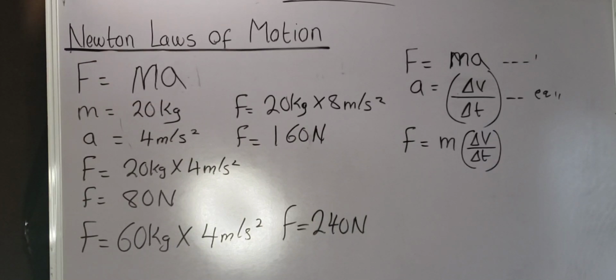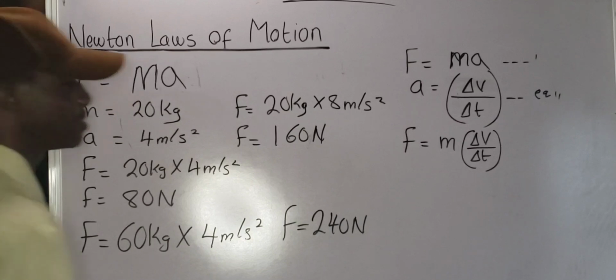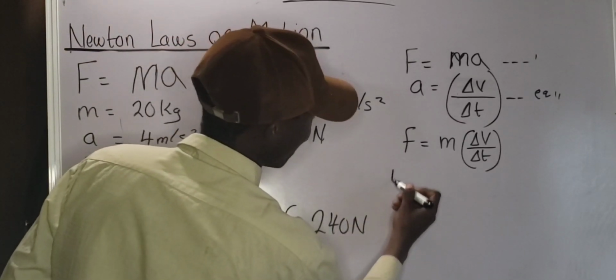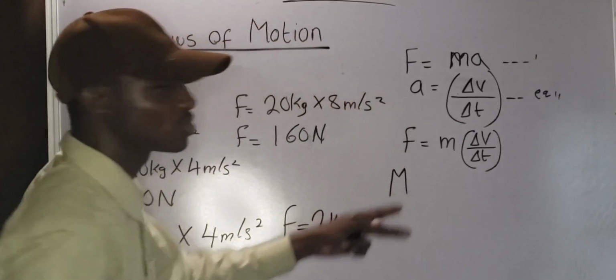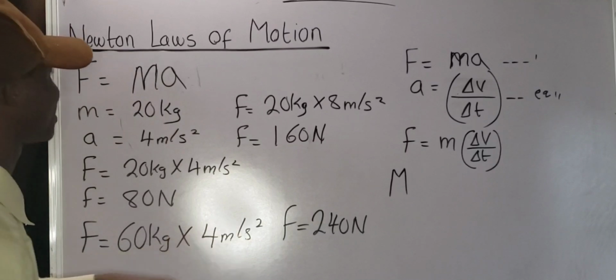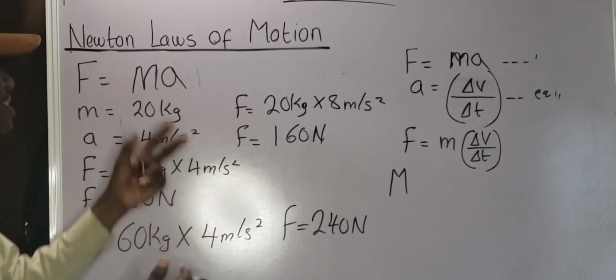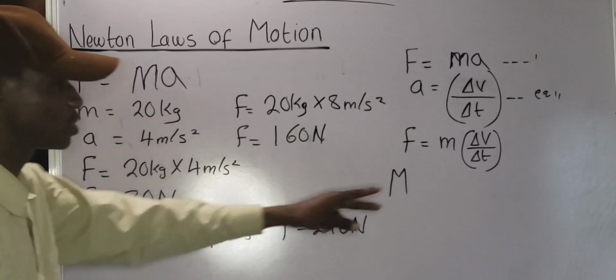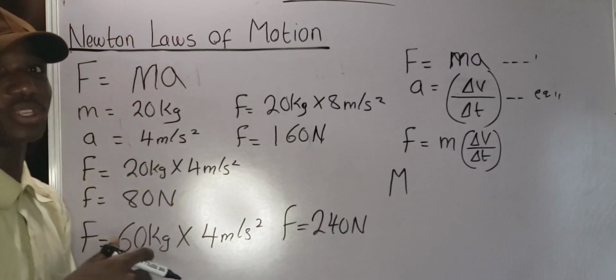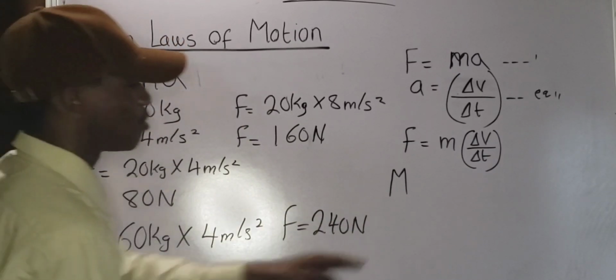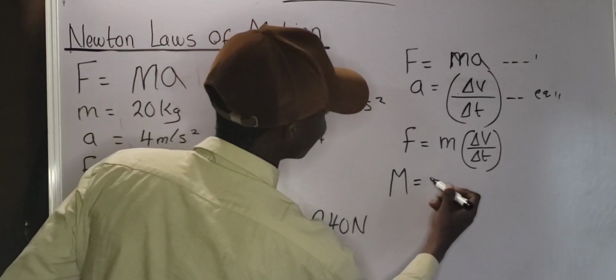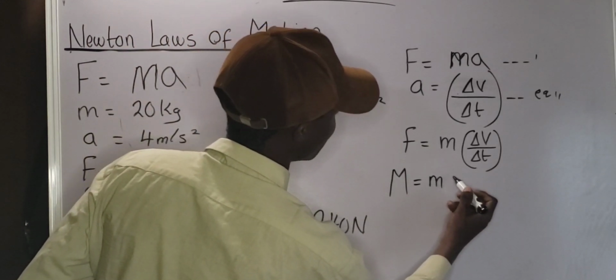The momentum, I just put capital letter M to differentiate it from this m. Small letter m in this case is the mass of the object, and capital letter M is the momentum. Do you get what I'm saying? So momentum is mass multiplied by velocity.